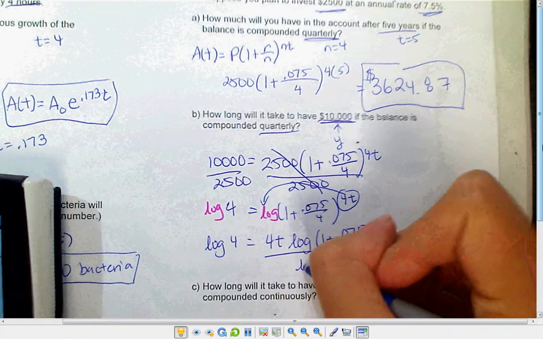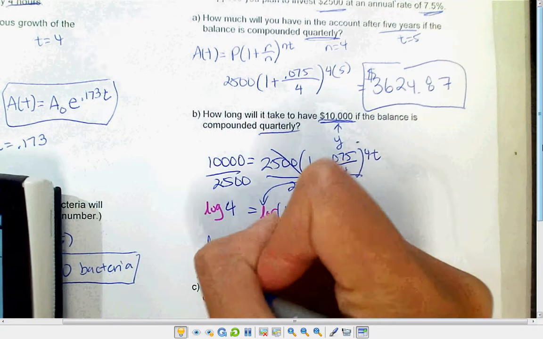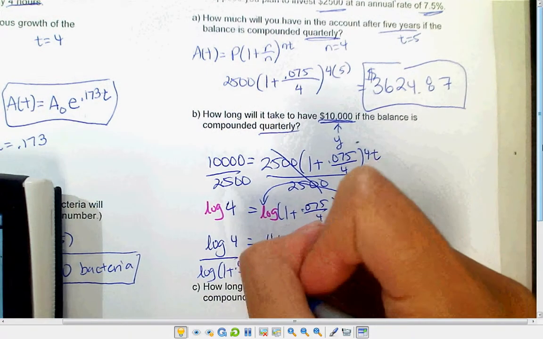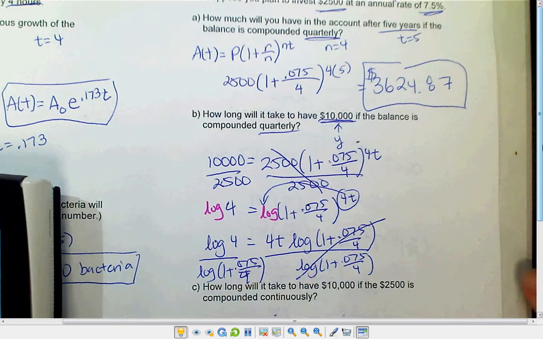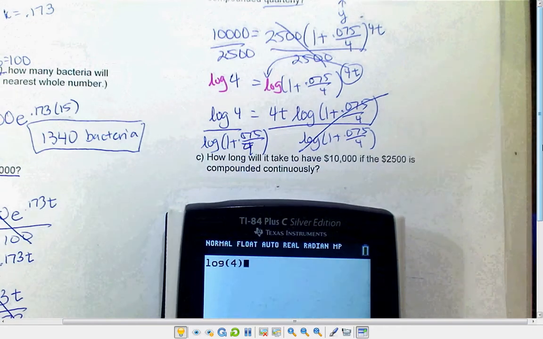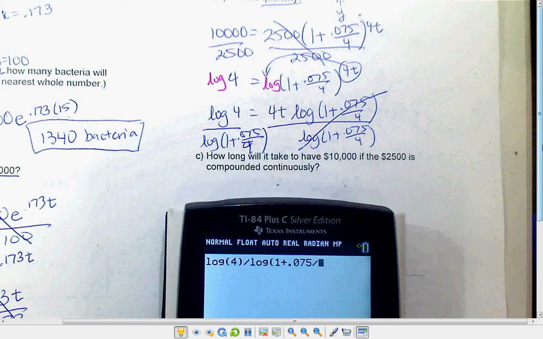Again, I divide by this log, and I can just keep this inside of my log. And so when I put this into my calculator, I get log of 4 divided by log of 1 plus 0.075 divided by 4.